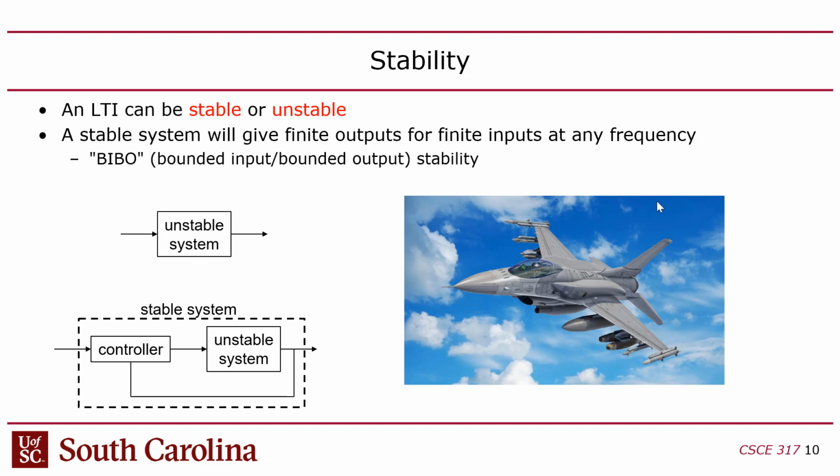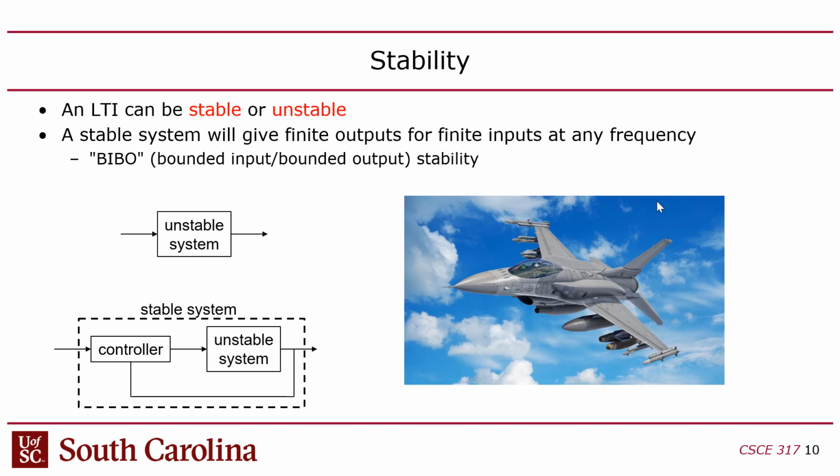That means there's no guarantee that the operating state of that plant won't destabilize, in the sense that its magnitude grows and grows and grows ad infinitum. Obviously, in reality there's a limited amount of energy, so it won't go to infinity, but things will fall apart. An example of this is the F-16 fighter.